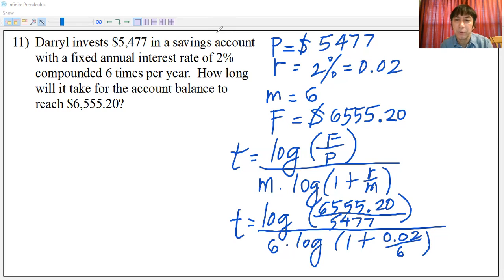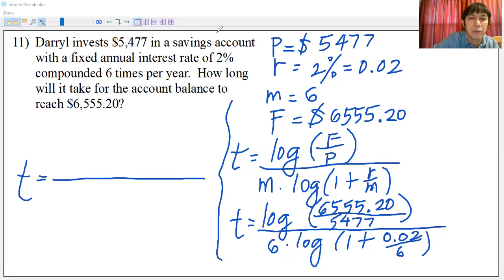Okay, so you have to calculate and use your calculator. Let's compute this part first. So this is logarithm of 6,555.20 over 5,477.